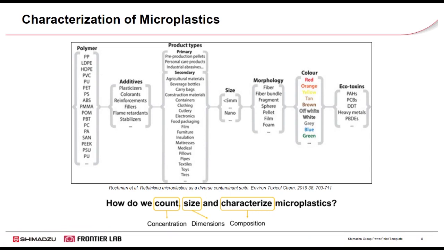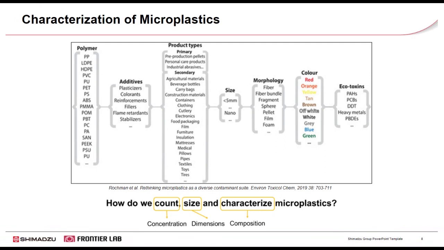The list of products is even more vast when we consider what the plastics are used in, such as primary products to secondary products, much like that of insulation, clothing, and pipes. What's unique about these plastics is the diversity of morphology or shape in which they can take.